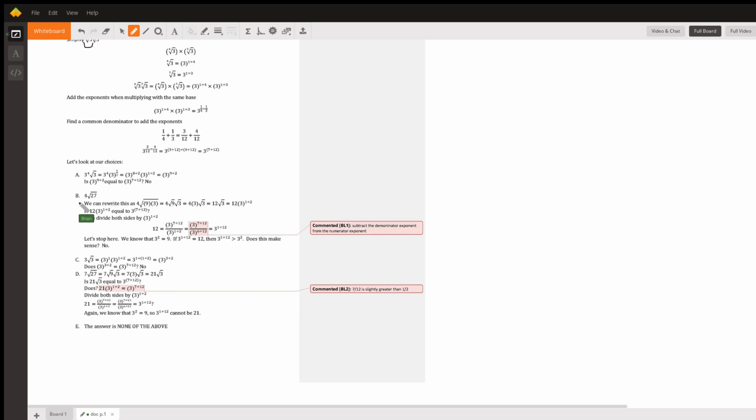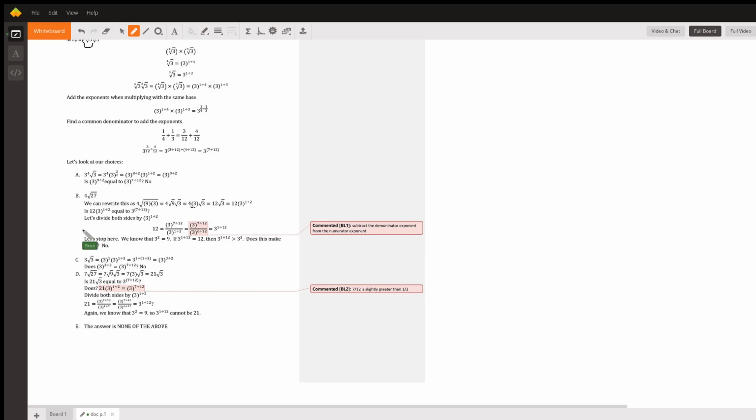So for choice B, 4 radical 27, let's factor 27 as 9 times 3. And then we've got 4 radical 9 radical 3. We know that the square root of 9 is 3. So this is 12 times 3 to the 1/2.